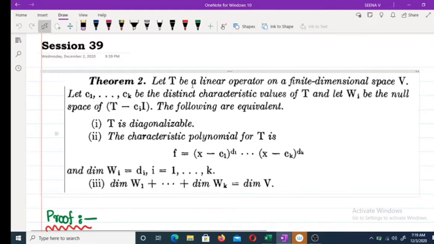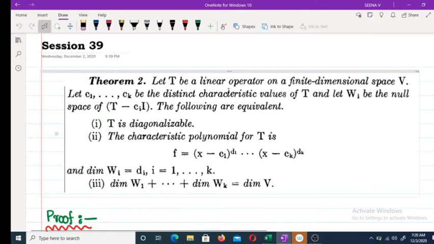Let T be a linear operator on a finite dimensional space V. Let C1, C2, etc., Ck be distinct characteristic values of T, and let Wi be the space of characteristic vectors associated with the characteristic value Ci.